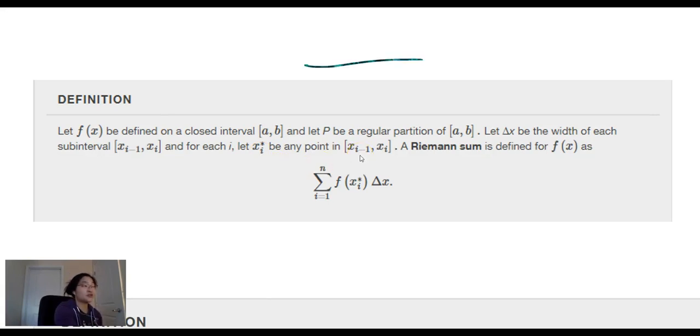So we have an interval from x sub i minus 1 to x sub i, and x sub i star can be here, or here, or right there. Anywhere on that subinterval can be x sub i star.